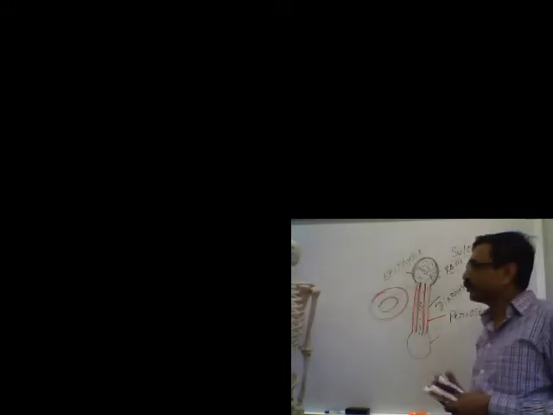Now if I cut like this, it will be like this. This is the periosteum, the outer covering, and this is the endosteum. Okay, so those two are the coverings.